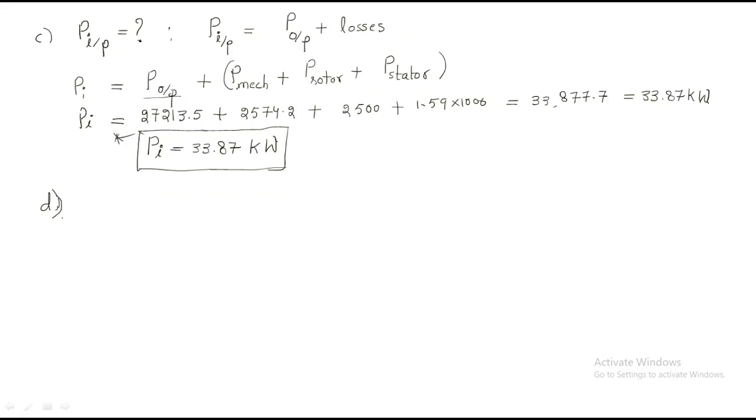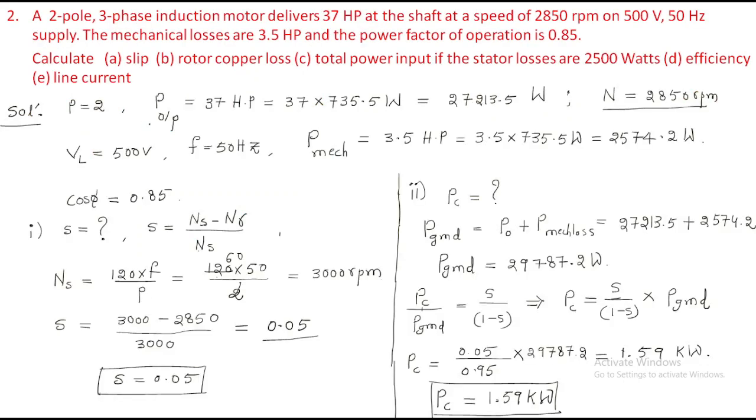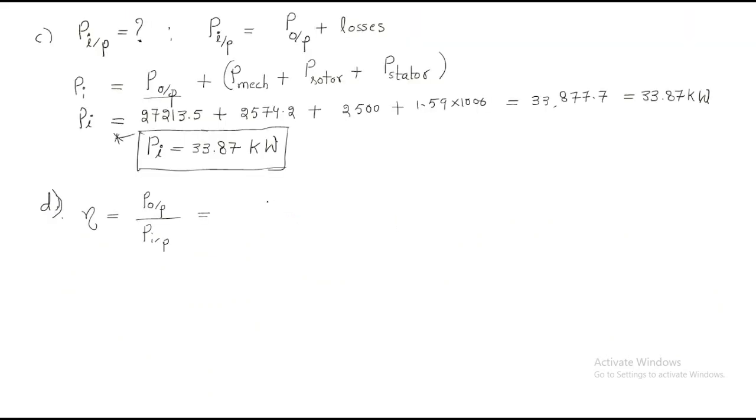Efficiency is generally the ratio of output power to input power. In a three-phase induction motor, the output power is given; the value is 27213.5.